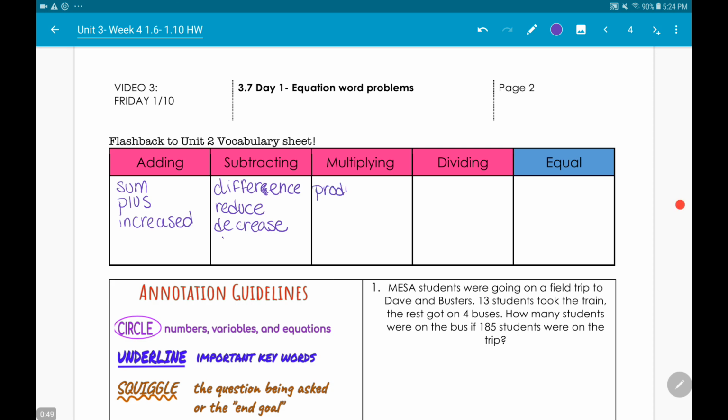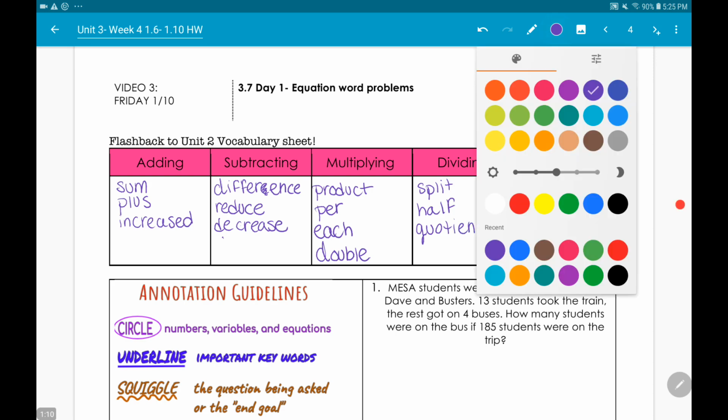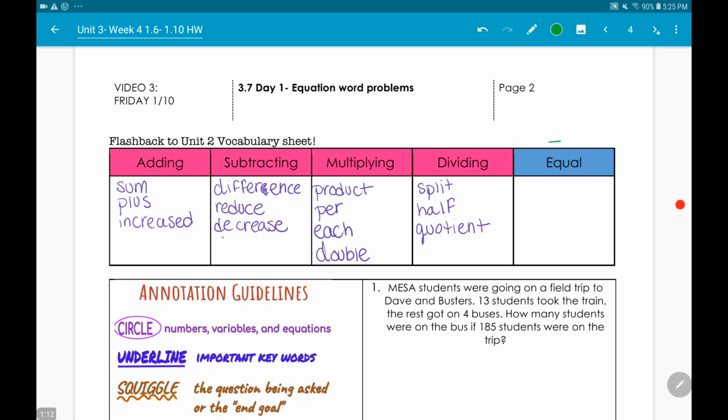Multiplying: product, per, each. Sometimes we might see the word double. Dividing: split, half, or quotient.